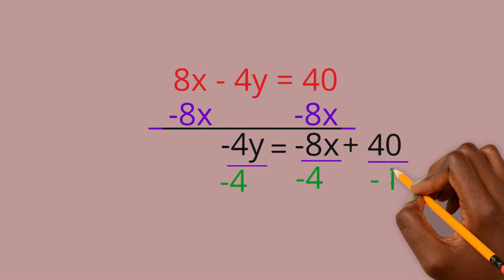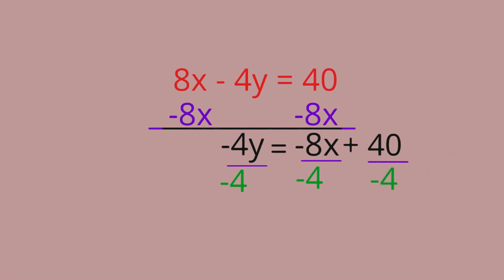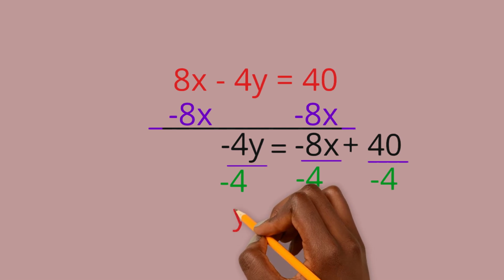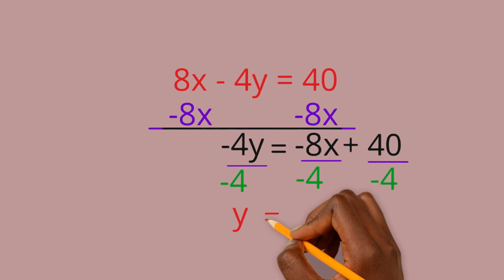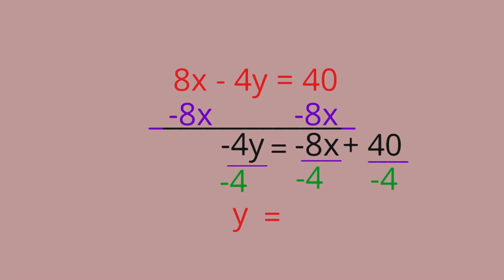This equation can be simplified. So I will say negative 4 divided by negative 4. That gives me a coefficient of 1 and my variable, so I don't need to write that 1. So I will have y is equal to negative 8 over negative 4, which will be positive 2.